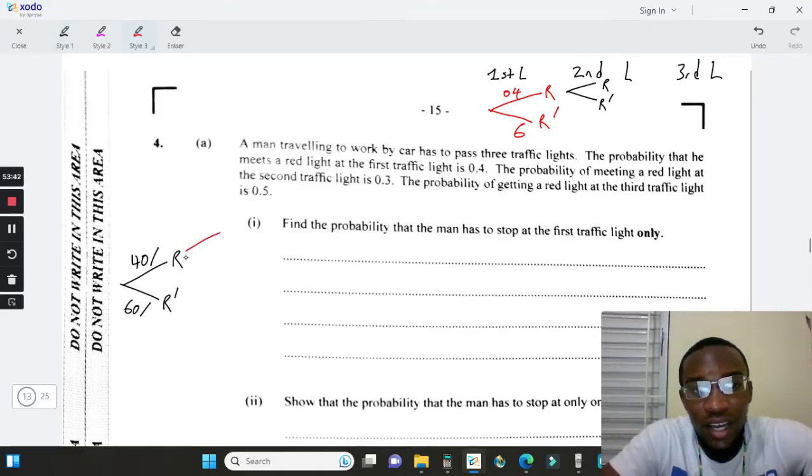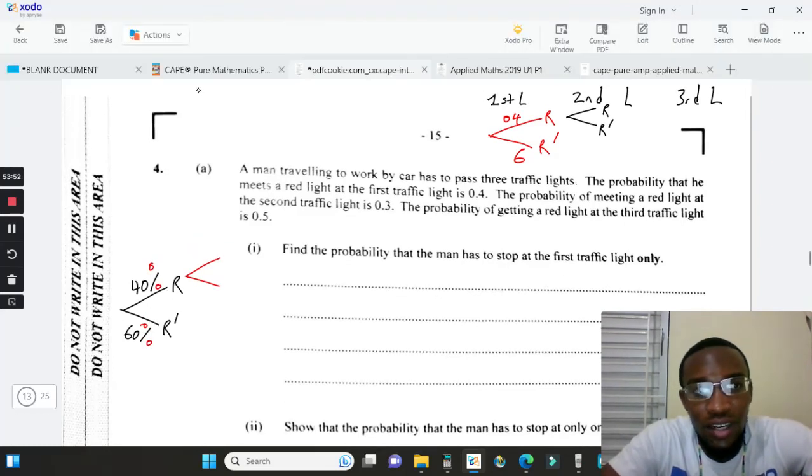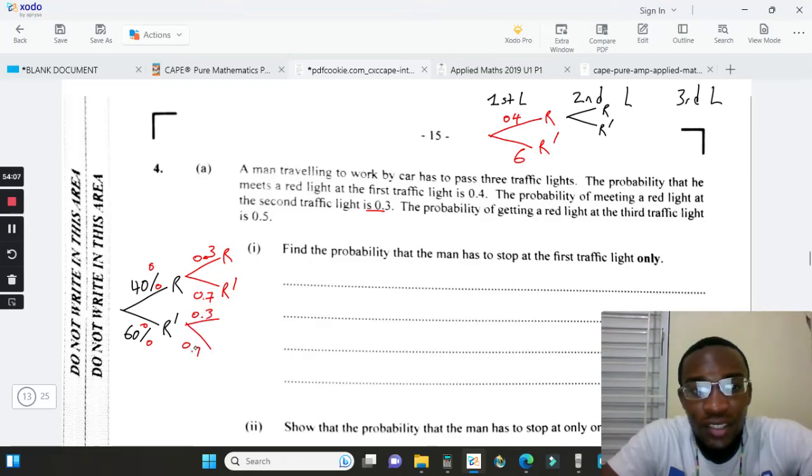Now the second light, red or not red, they said that it was 0.3. So 0.3, 0.7, red, not red.